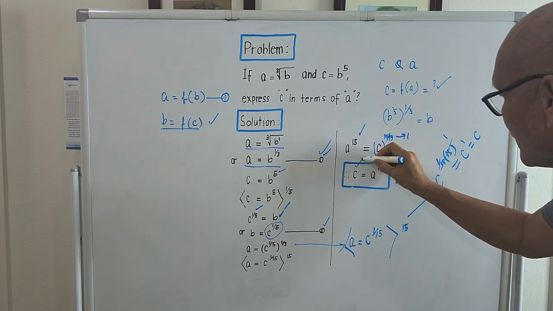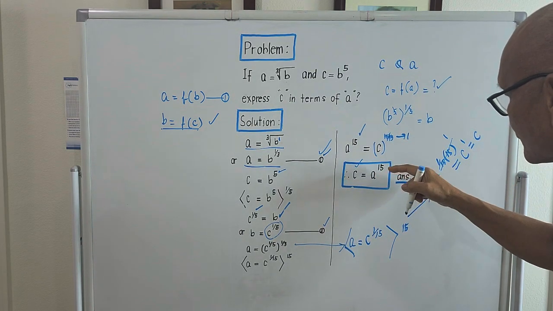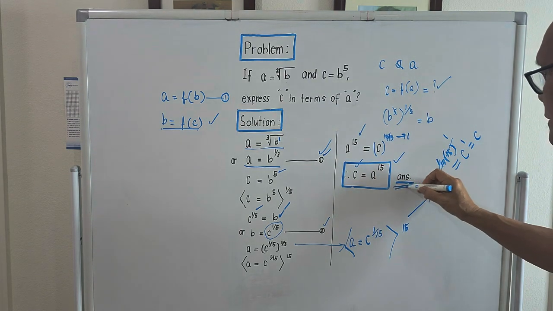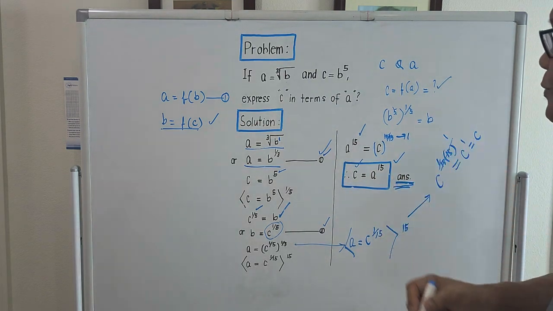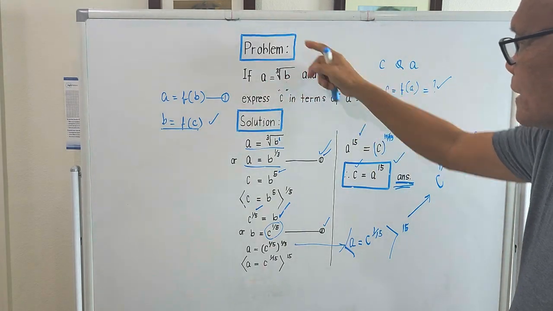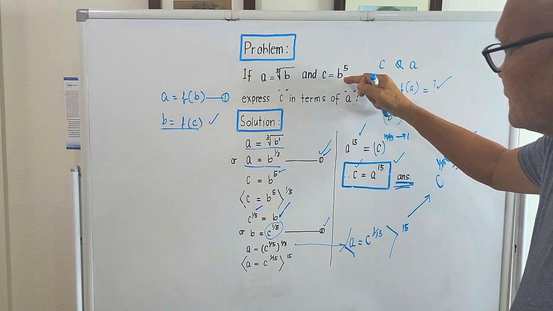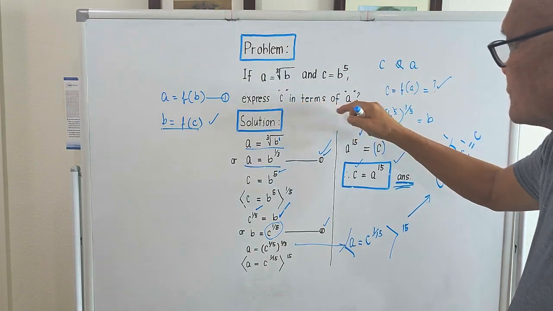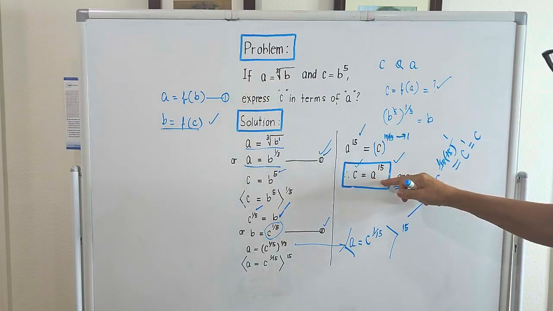So c, in terms of a, will be a raised to the 15. This is the answer. For the two expressions, a equal to the cube root of b and c equal to b raised to the fifth power, the value of c in terms of a is c equal to a raised to 15.